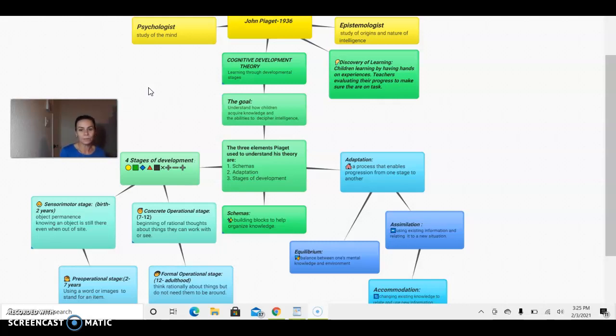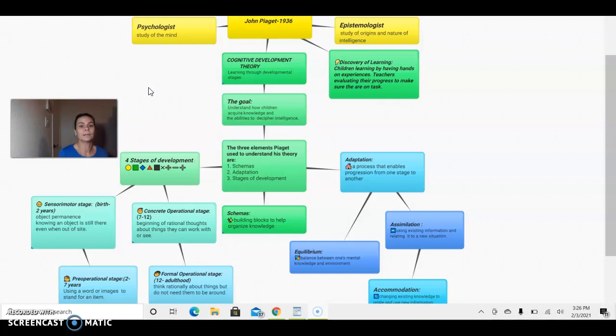Assimilation is using existing information and relating it to a new situation. Accommodation is changing existing knowledge to relate to new information. And then equilibrium is a balance between one's mental knowledge and their environment.